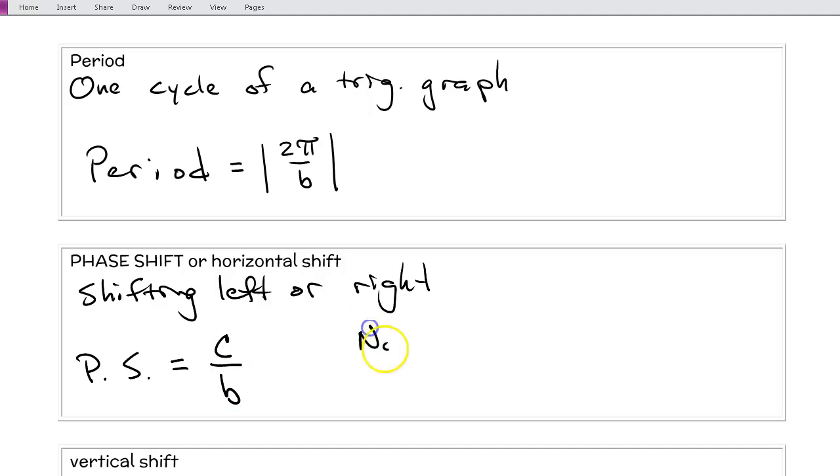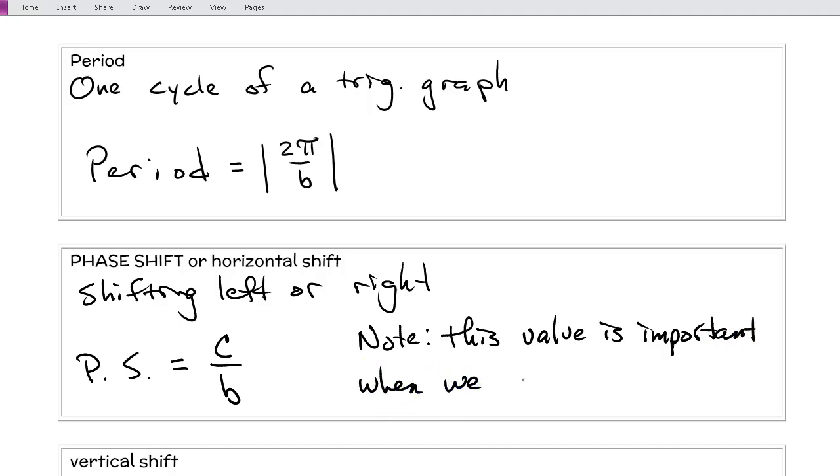Alright, and then a little preview here, a little note for when we're graphing. This value is important when we graph.